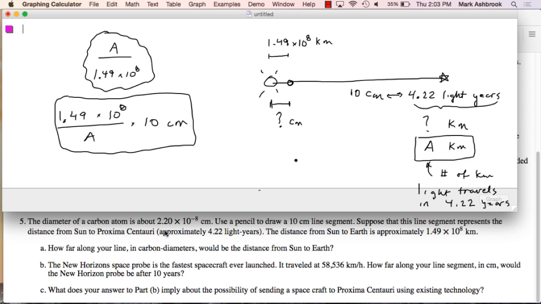Okay, and now we know what the diameter of a carbon atom is. How long is it in carbon diameters? We know how long it is in centimeters now, and we want it in these little teeny diameters. Then what are we going to do?